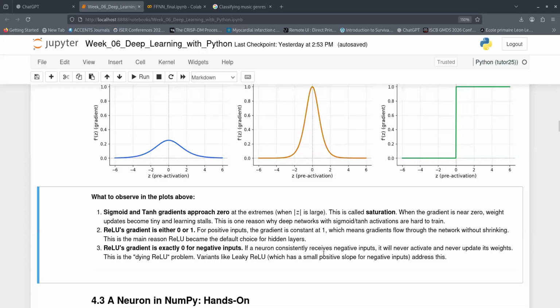If a neuron consistently receives negative input, it will never activate and never update its weights. This is the dying ReLU problem that we were talking about. So to remedy this, we use what we call the leaky ReLU, which is just for remediating the dying ReLU problem.